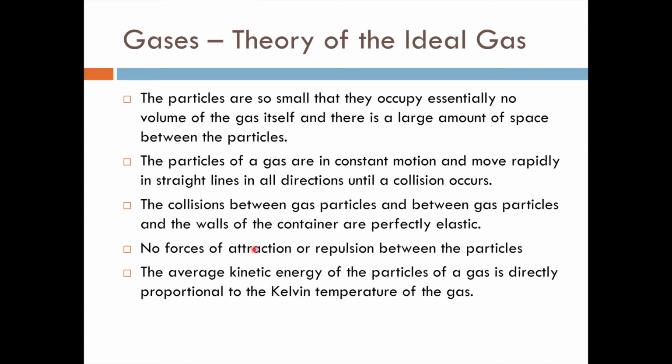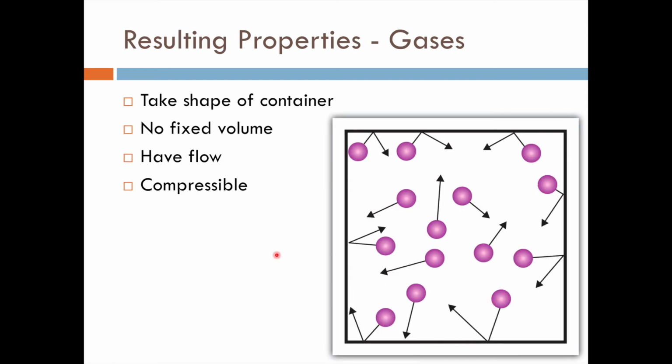Now remember this one, because this one is going to contradict in a little bit. And then the average kinetic energy of the particles of a gas is directly proportional to the Kelvin temperature of the gas. So if kinetic energy goes up, the Kelvin temperature goes up, the absolute temperature.